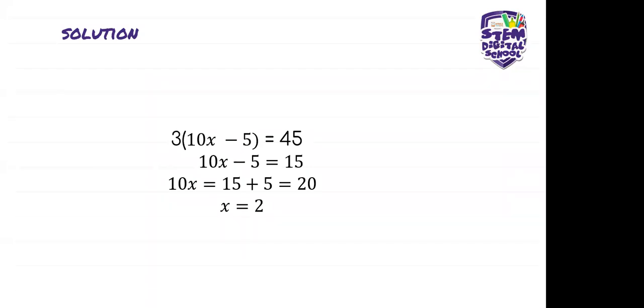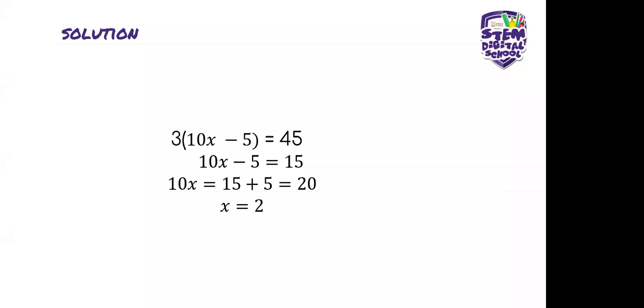So now at this point, 15 plus 5 gives us 20. Now 10x is equal to 20. Now the next step will be to apply the multiplicative inverse of 10, which is 1/10, or a 10th.